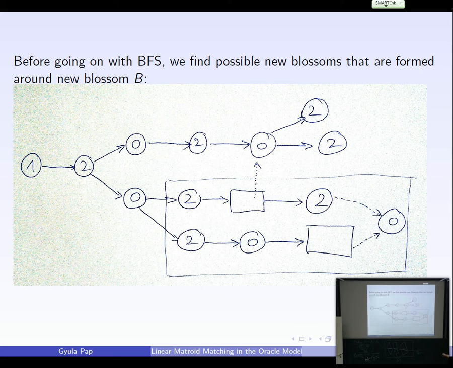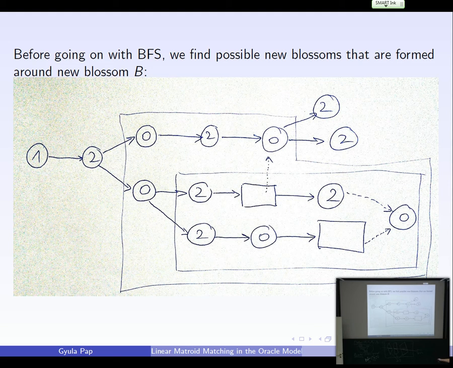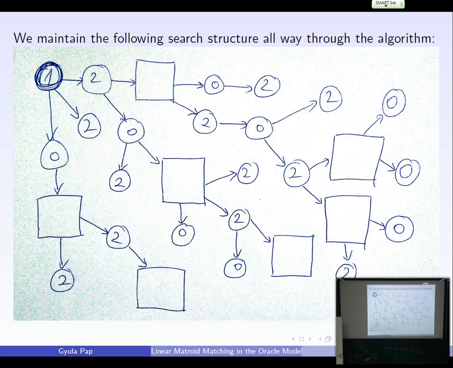But now we can go this way all the way around and then go there, which means that this whole thing here becomes a blossom. So we have to pick all those generated elements, and this way, in one go, we can grow the blossom like this. Eventually, this will stop, and then we go on with breadth-first search and blossom search.